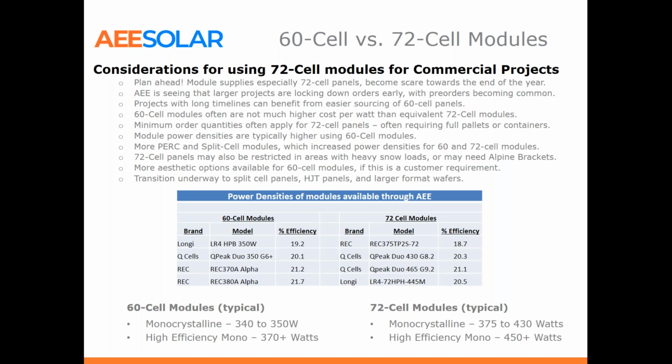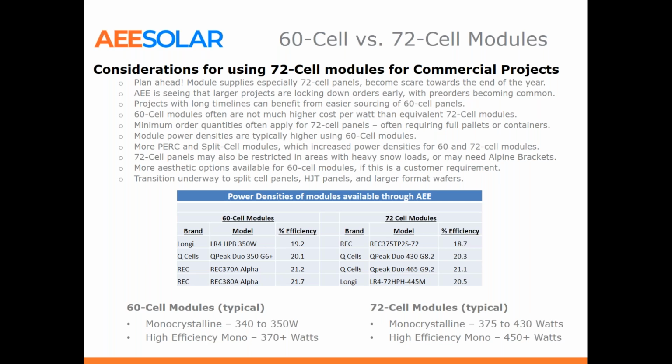So if you have the opportunity to bid a project and that project is being installed in Q4, chances are the supply of 72 cell modules may already be locked down for big industrial larger projects. So we're also seeing that people are locking down these projects much earlier. They're pre-ordering modules based upon our shipments that are expected in.